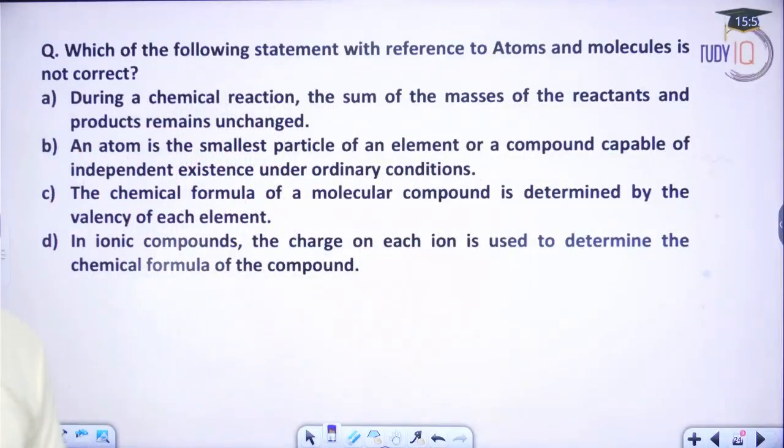Answer this question, everyone. Which of the following statements with reference to atoms and molecules is not correct? During a chemical reaction, the sum of the masses of the reactants and products remains unchanged.